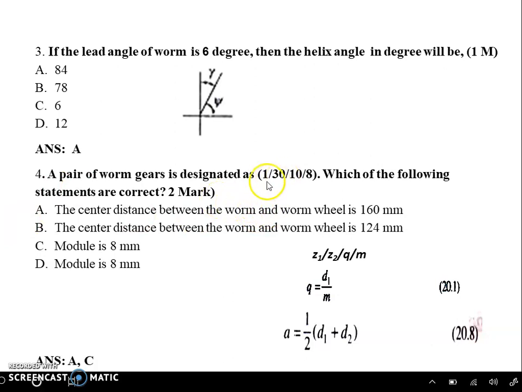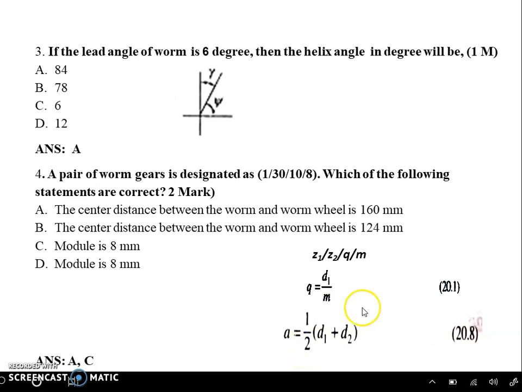Here, if we observe this particular way of representation of terminology, then this is Z1, Z2, Q and M. This is the way to represent Z1, Z2, Q and M. And if we are observing this particular center distance, then center distance is always 1/2 (D1 plus D2).